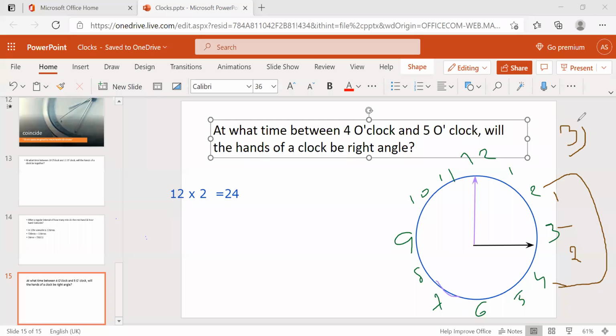Is it clear? 2 to 3 is only one time, 3 to 4 is 2 times, totally 3 times. And the same thing happens for 9 also. Exactly 9 also it will happen.